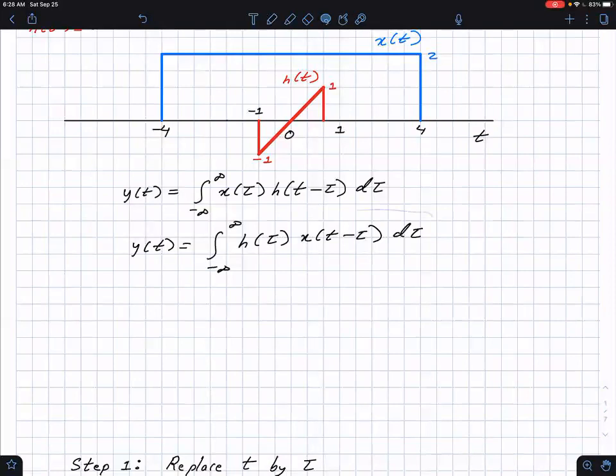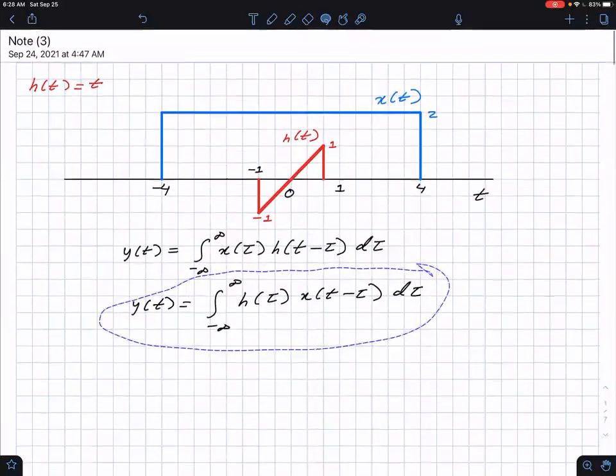So if we consider this integral, what we would effectively be doing is, instead of time reversing h and applying shift to h of minus tau, we would be doing that to x, and we would keep h of tau fixed. And there is a link in the description section of this video where I do it that way. And you'll see that the algebra is much simpler if you do it that way.